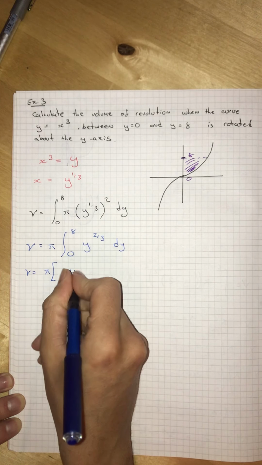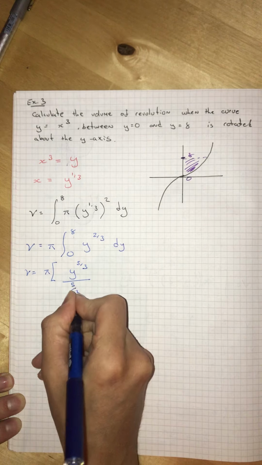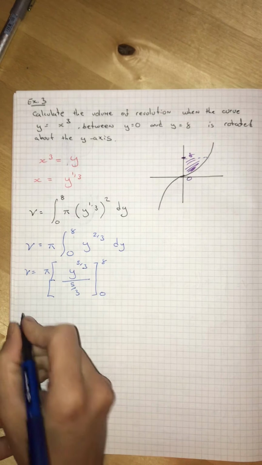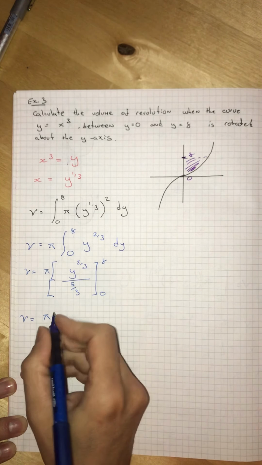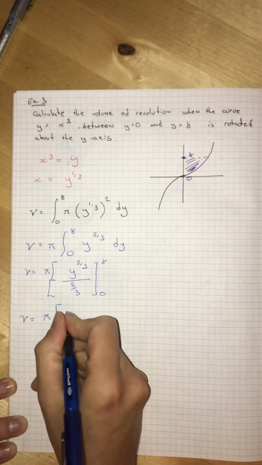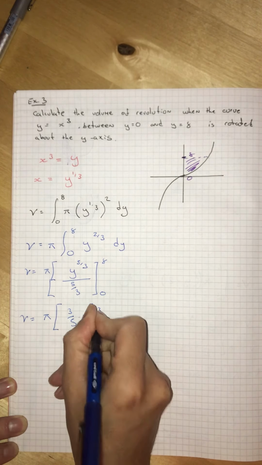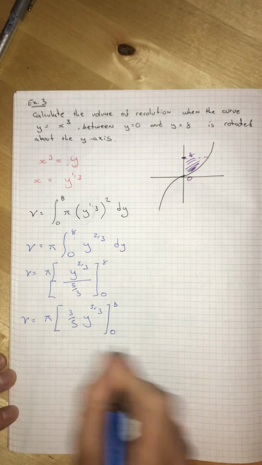Add 1 to the power, we get 5/3 all over 5/3 between 8 and 0. So volume will equal pi times 3/5 y to the 5/3 between 8 and 0.